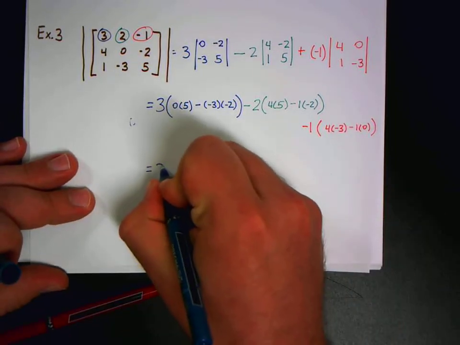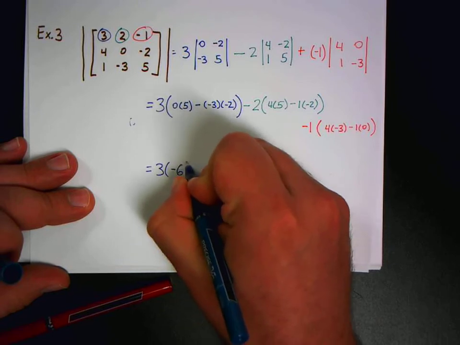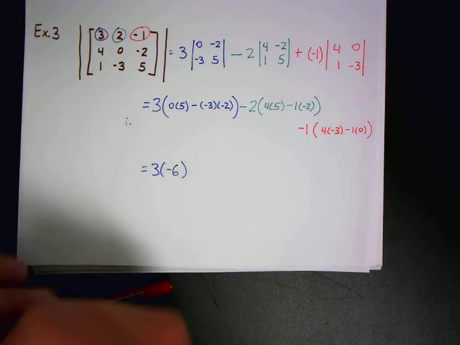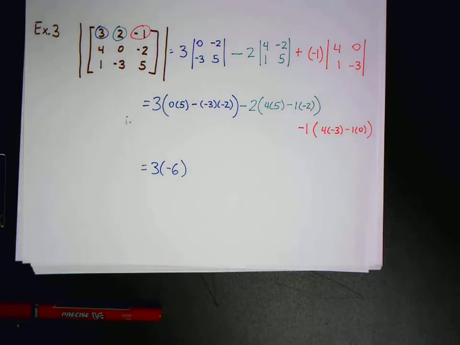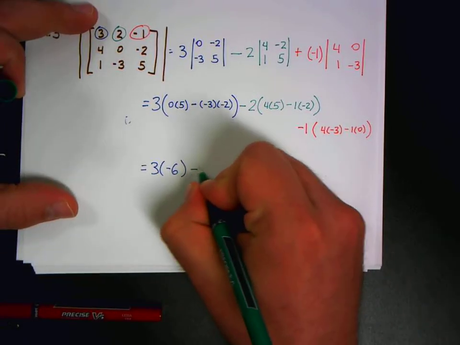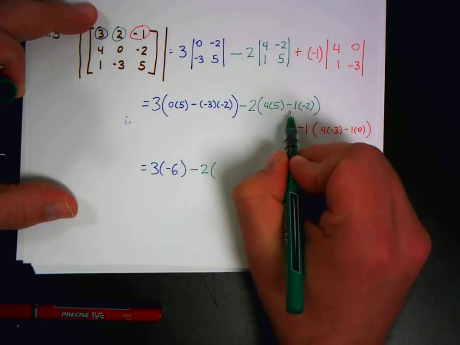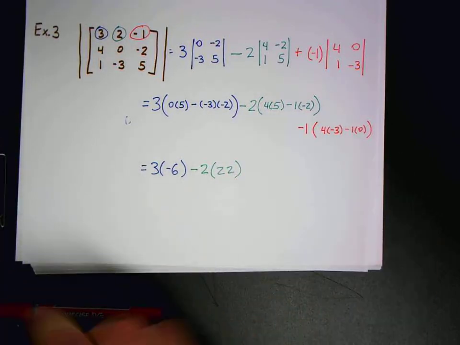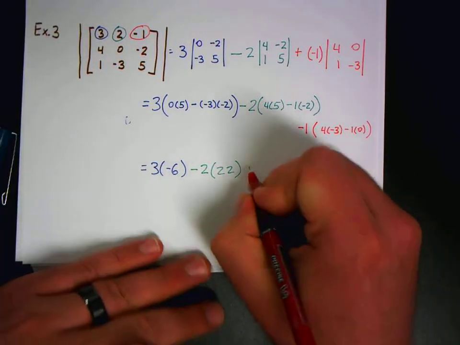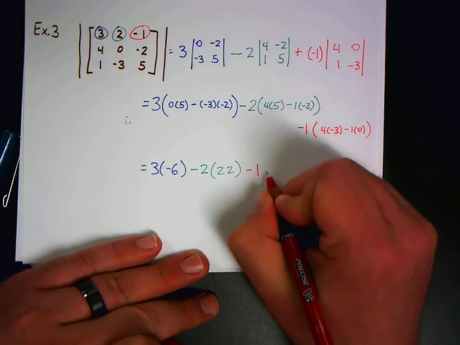So it equals 3 times negative 6, minus 2 times, let's see, it's 20 plus 2, so it's 22, minus 1 times negative 12.